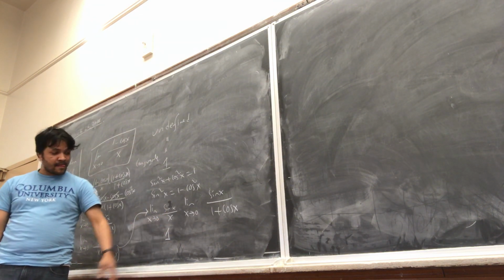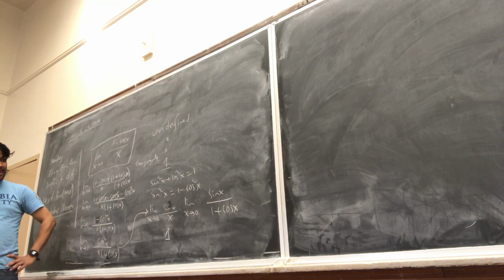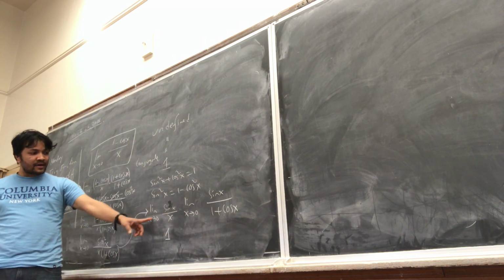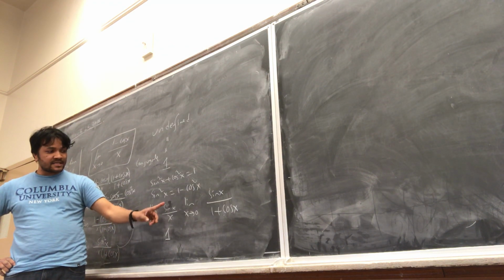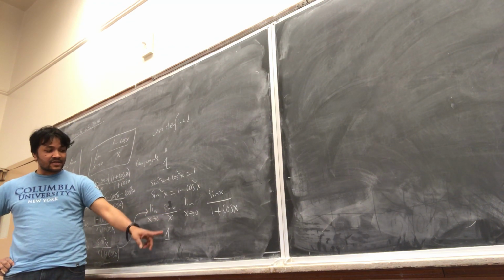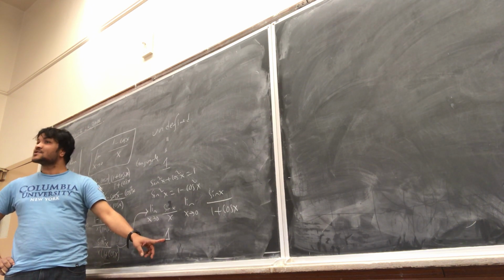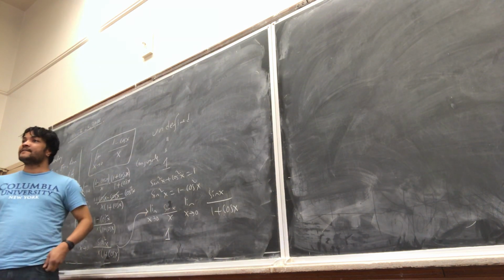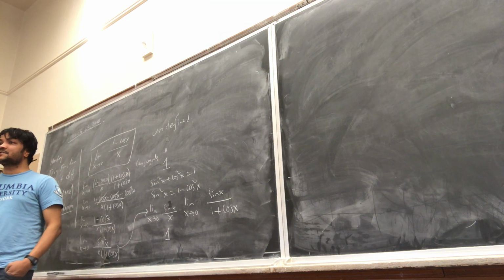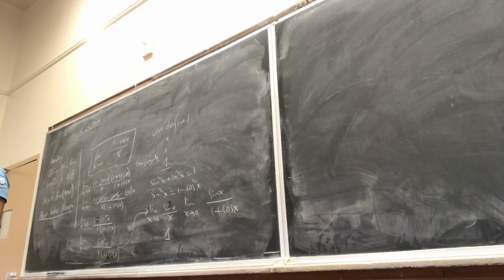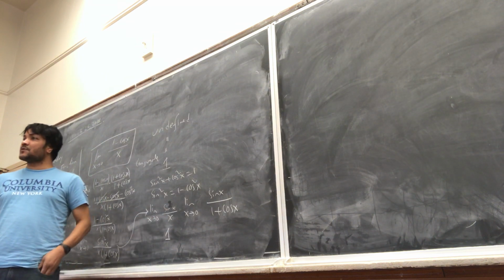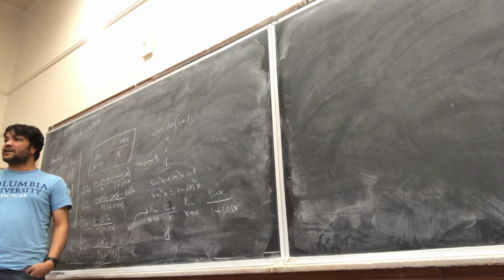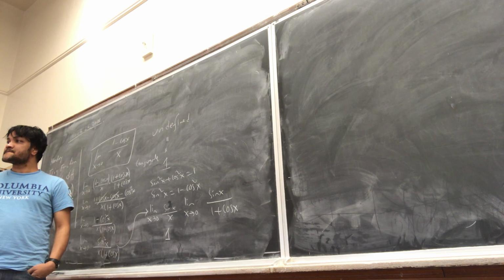Because if you put in 0, 0 divided by 0 is undefined. So why did I write 1 here? What allowed me to write 1?